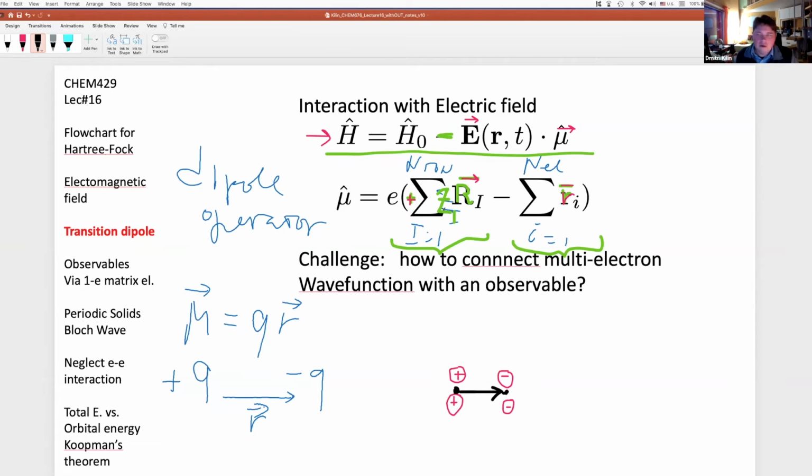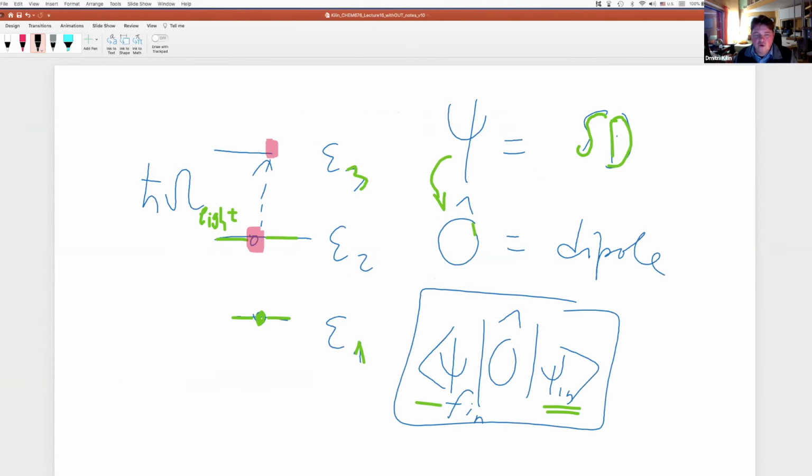Now, what is my goal? Suppose that I have a very oversimplified multi-electronic molecule, maybe something like H2, but I will not tell what it is. Just a molecule which has two orbitals filled with electrons.